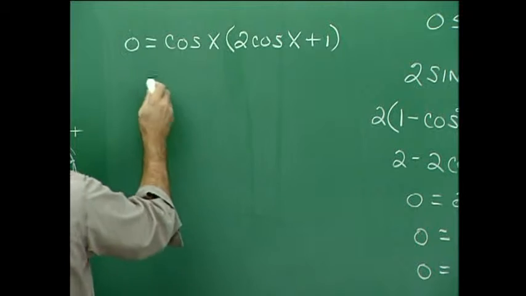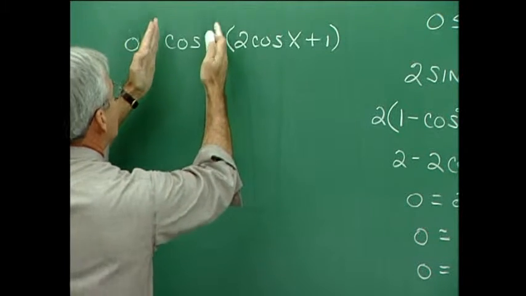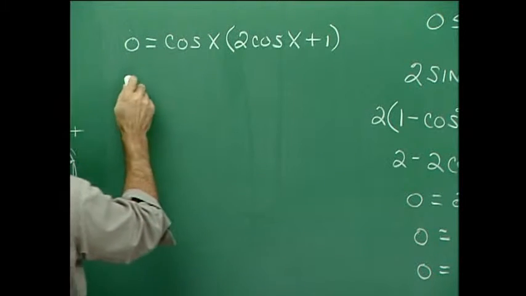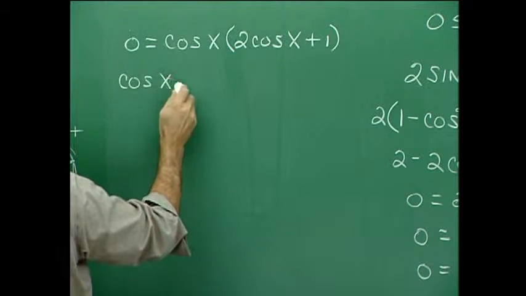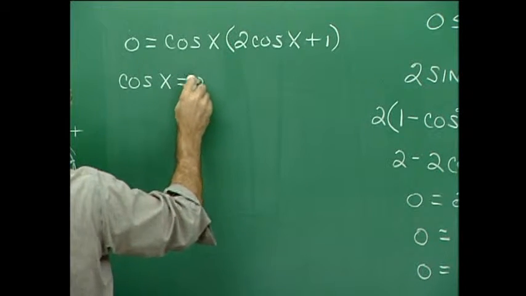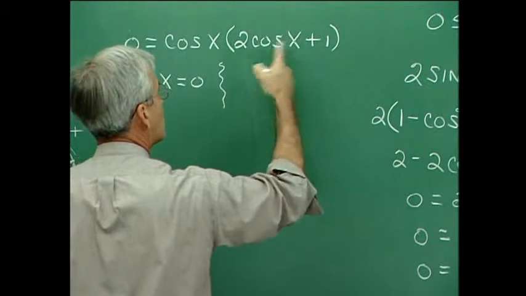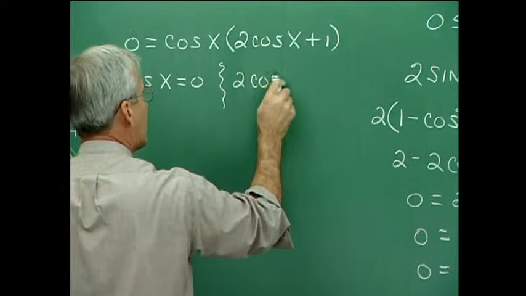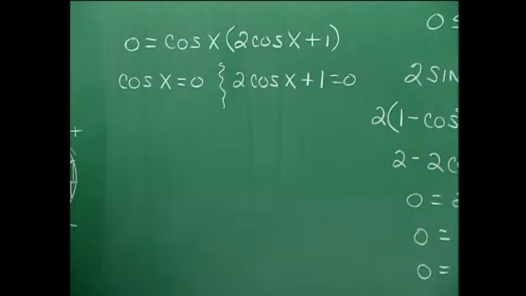Now, we're thinking in terms of, okay, the value of x that will cause this factor to become 0 will be a solution to the equation. And I can make the request like this. I'd like to know the value of x that causes cosine x to be equal to 0. And in a similar way, I want the value of x that will cause this factor to become 0. And we're going to end up analyzing each of these two separately. That's the idea, though.